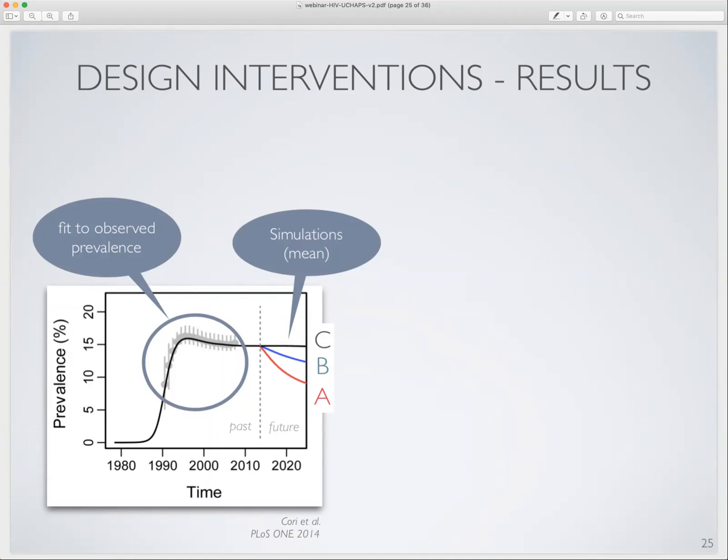So we can see that indeed, arm A, the arm which has the highest level of intervention, has the steepest decline of HIV prevalence.